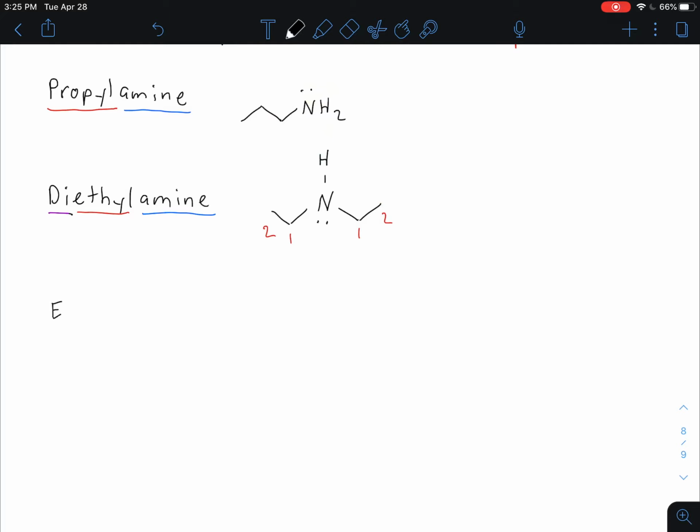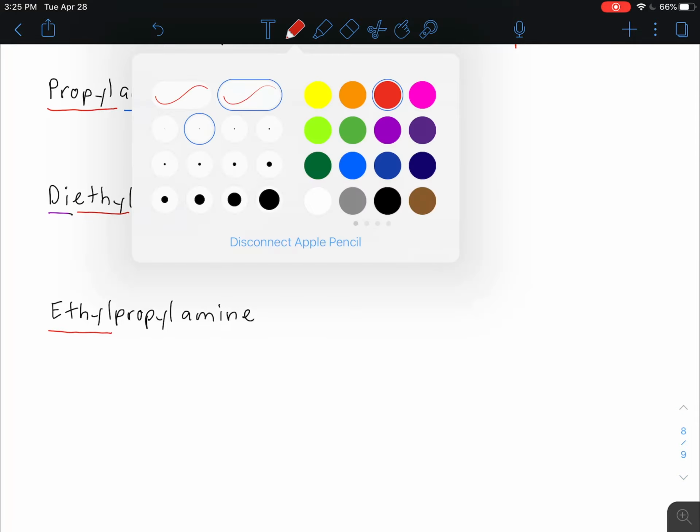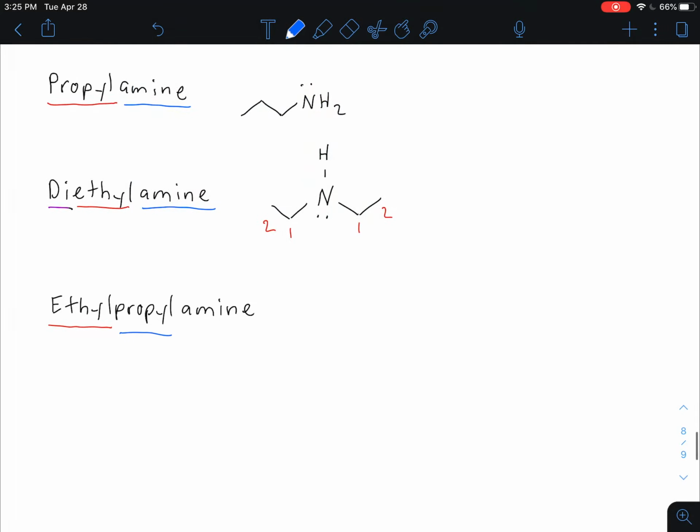If there were two different types of hydrocarbon chains attached, that would be possible as well. So I could also have something like ethylpropylamine. And again, beyond the scope of what we're interested in, but when I have groups attached, I list them in alphabetic order. That may sound familiar from the coordination compound naming.